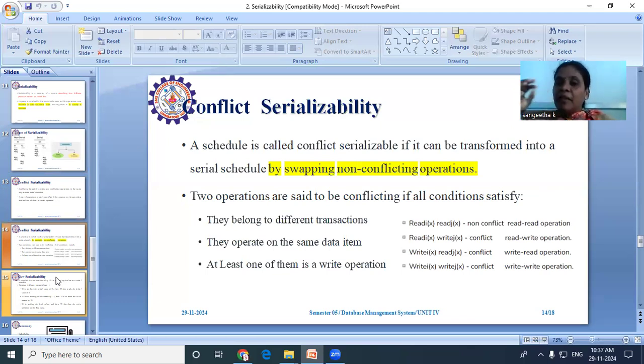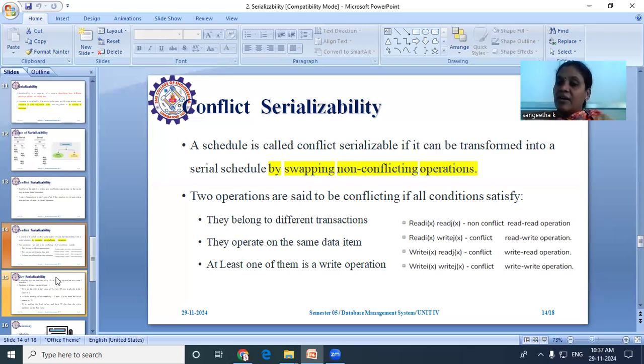For example, consider the possibilities that lead to conflict. First, if both transactions are reading the data, there is no conflict, so they can execute in any order. If one transaction is reading the data and another asks permission to read, there is no issue. If one transaction is reading the data and another asks permission to write, that is a conflict.